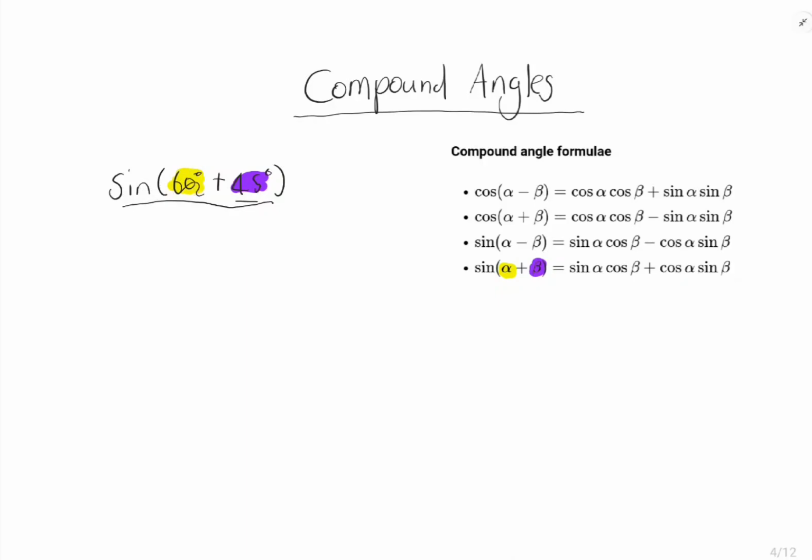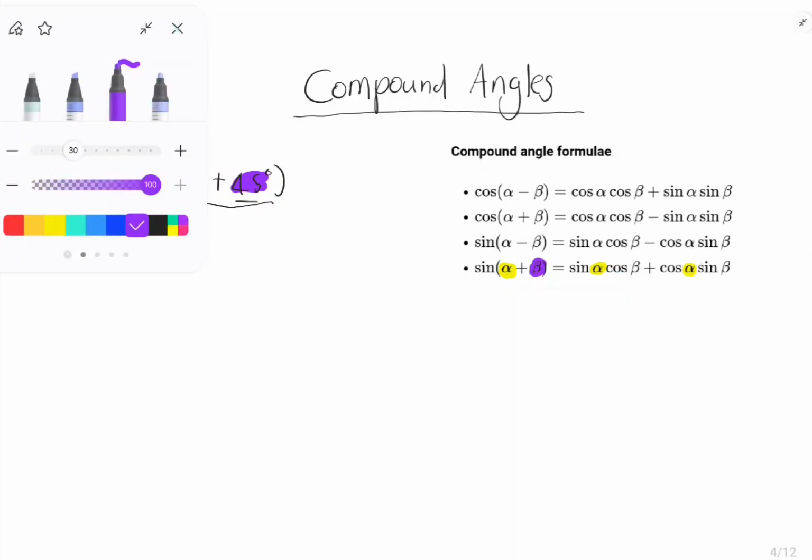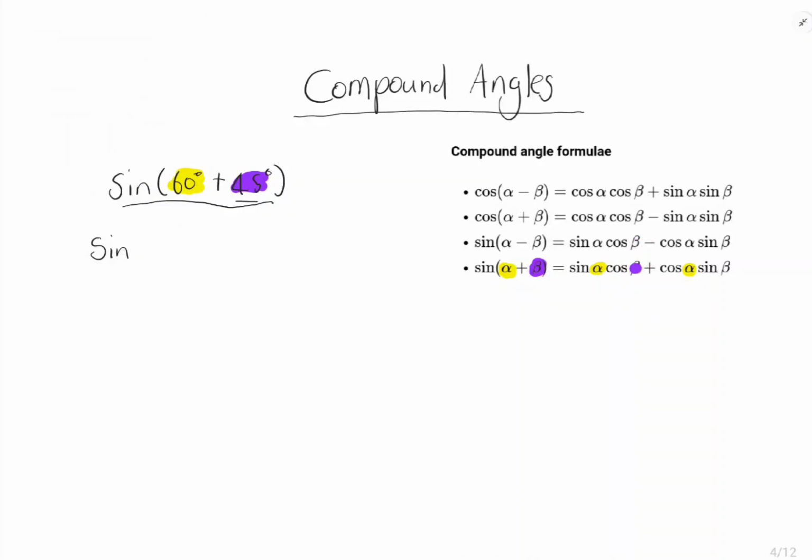So sine of 60 degrees plus 45 degrees, we are going to replace with this form over here, which is going to be sine. Let us use the highlighters again. We need to write them exactly in this form. That is very important. So sine A, this A over here is this A over there.